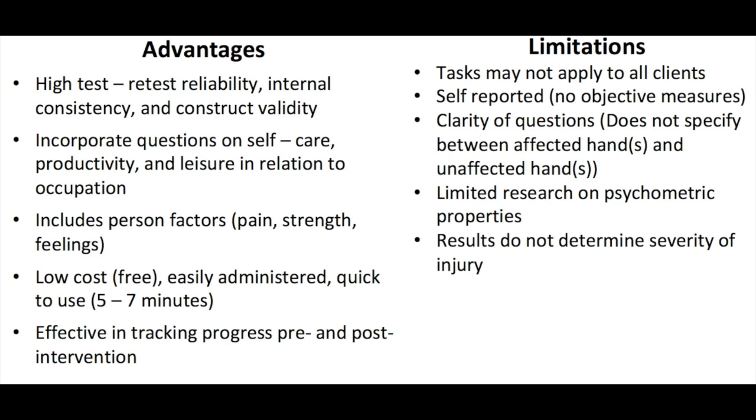Limitations. Tasks on the scale may not apply to all clients. Self-reported. Clarity of questions. Limited research on psychometric properties of the I-HaND. Results do not determine severity of injury.